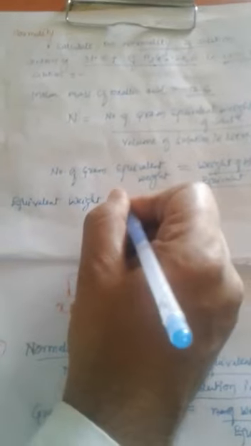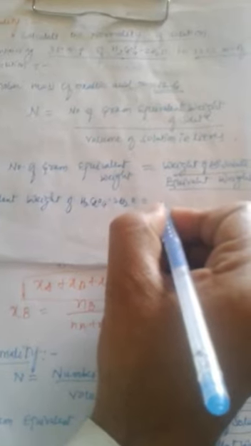The equivalent weight of oxalic acid. In this case, the equivalent weight of oxalic acid crystals: the molar mass is 126 gram, and I am dividing this by 2.